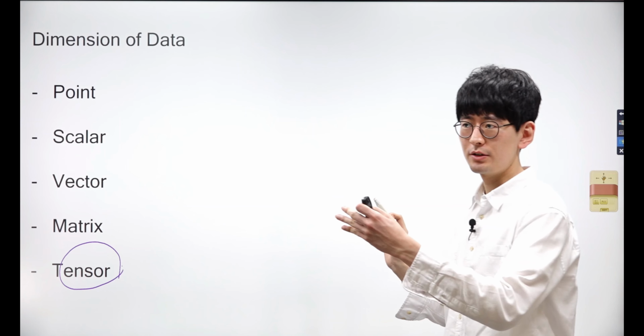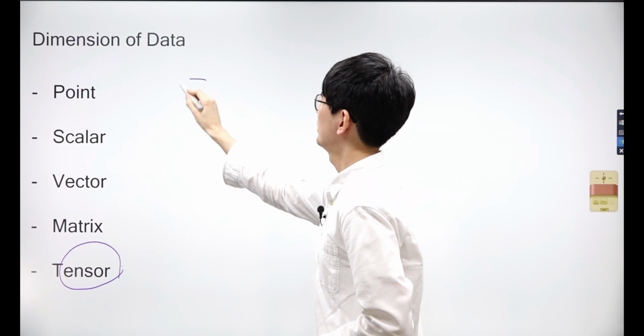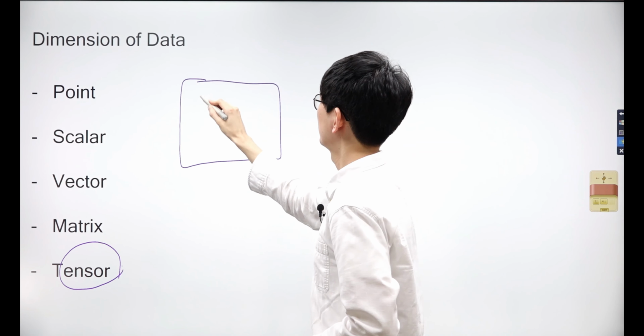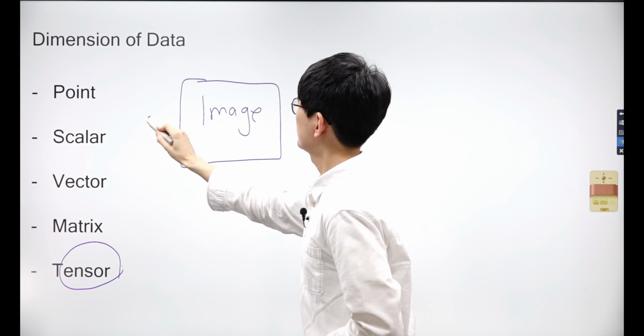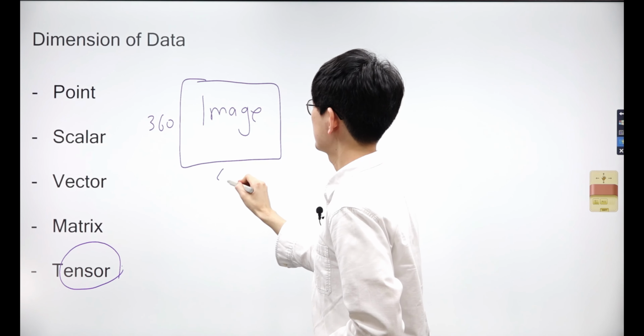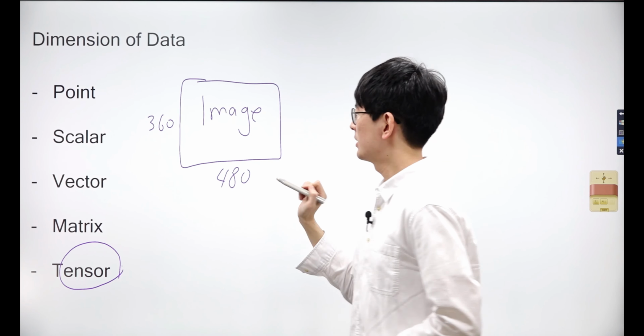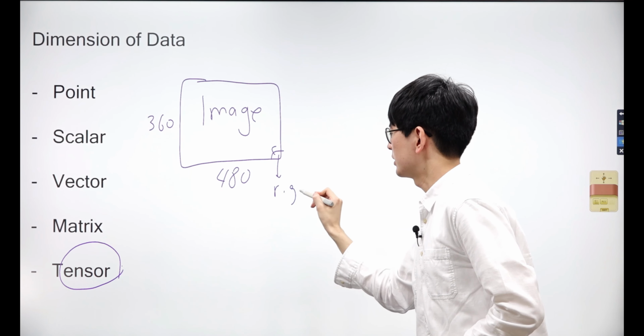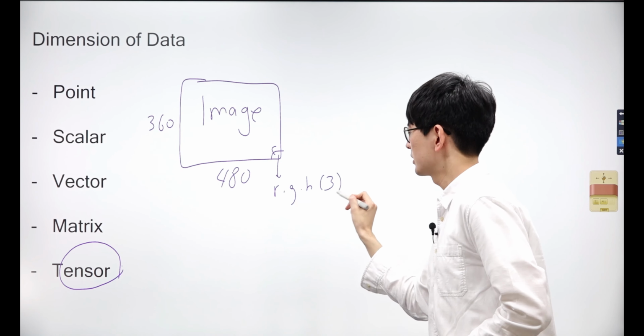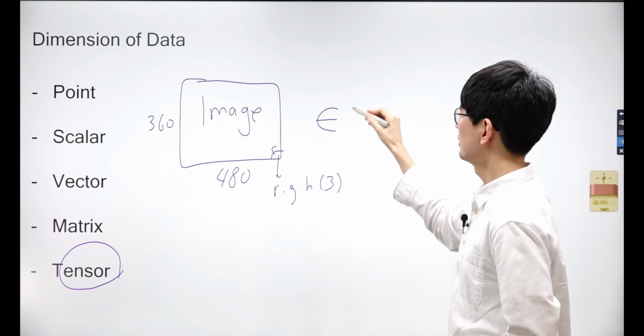Lastly, let's talk about tensors. What are tensors? They're like matrices stacked up, right? So the structure of tensors is more complicated. Let's think about an image. Say it has a resolution of 360 by 480, and each pixel has 3 RGB values, right?